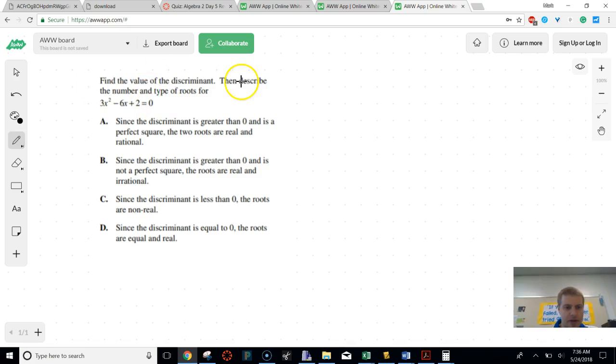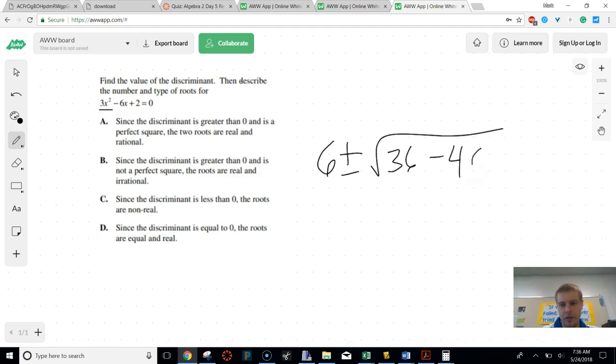It says, find the value of the discriminant, then describe the number of roots for each one. Well, basically, we just need to describe the answers for this quadratic, and so anytime you need to find a quadratic that has a number in front of the x squared, you can't factor it, so you're going to have to plug in the quadratic formula. So we're going to get 6 plus or minus the square root of 6 times 6 is 36, minus 4 times a times c all over 2a, which is 6.